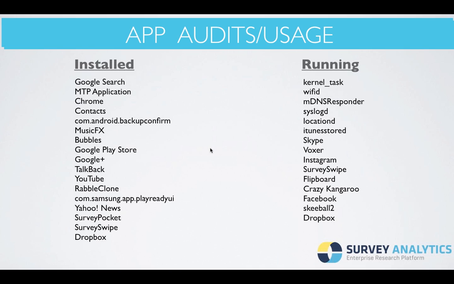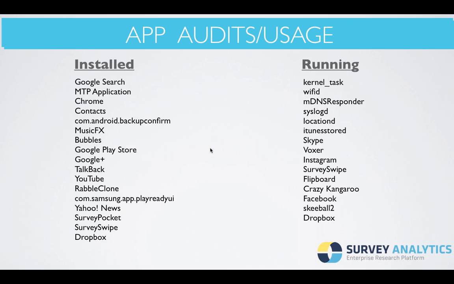The truth of the matter is that when you look at what's installed on a smartphone, you do get a huge list of information. A lot of these things are like this one, Android backup confirm. A lot of them are applications that are specialized to the operating system. One of the challenges is filtering out this noise and trying to find the things that are really important.